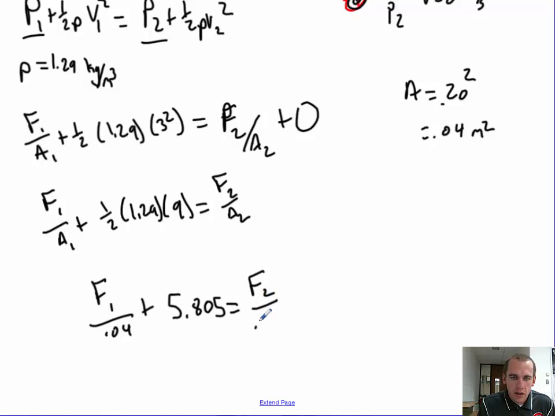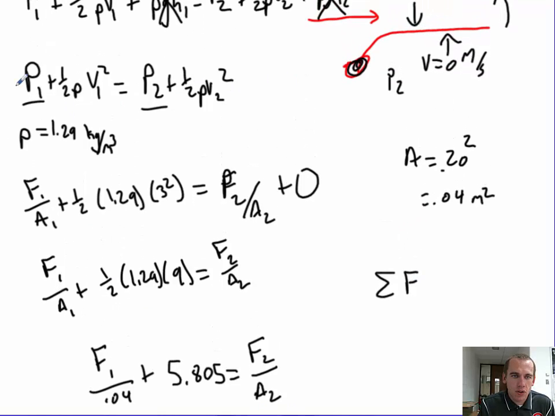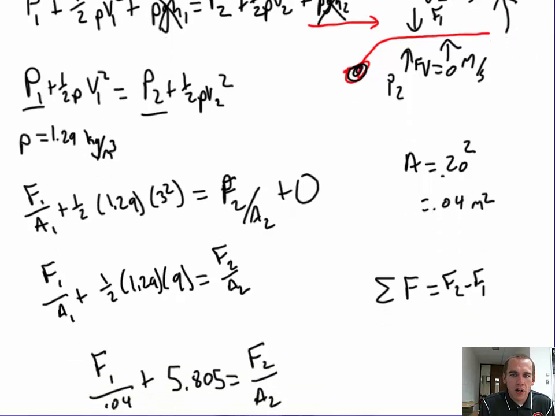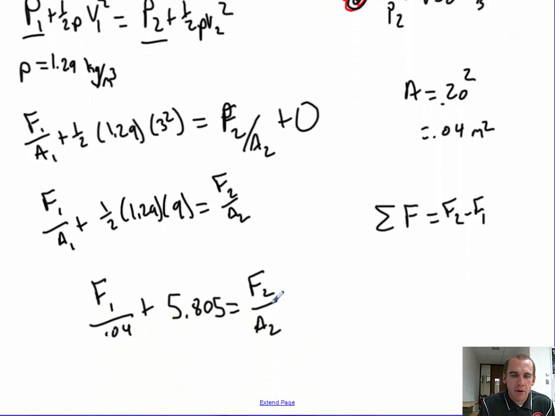The net force acting on my sheet of paper is equal to F1 up here and F2 down here. Those are in opposite directions. So the net force is equal to F2 minus F1, and I put them in that order because I assumed up was positive. So I'm going to subtract off F1.